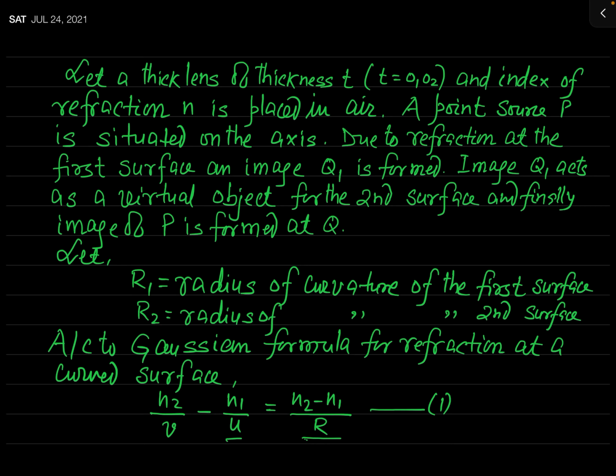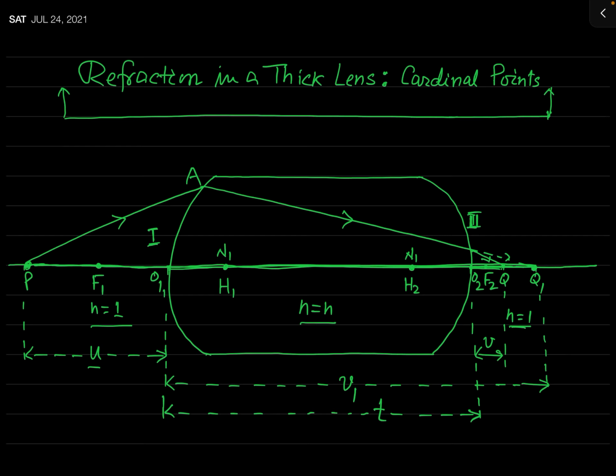Now we will apply this Gaussian formula for refraction at these two surfaces separately. When you see the figure, this is your first surface, which I have marked here. For this first surface, P is the object, and the object distance is u.